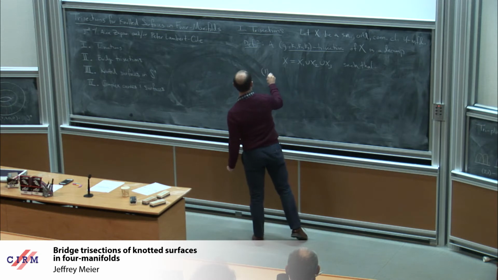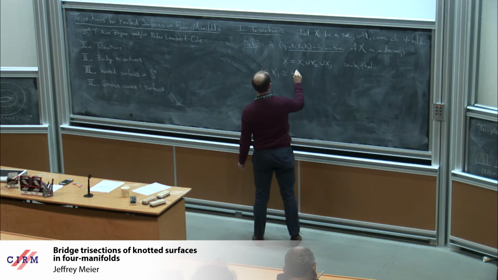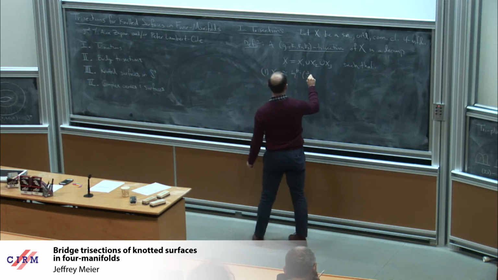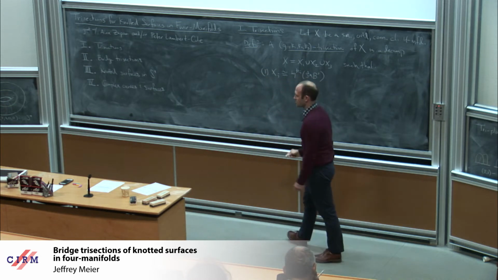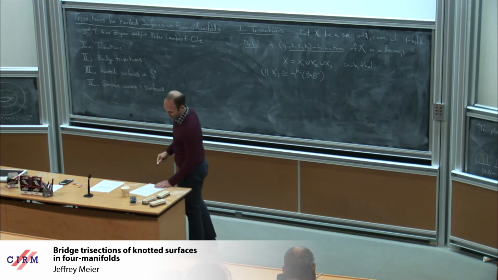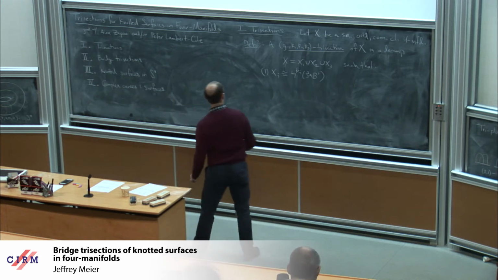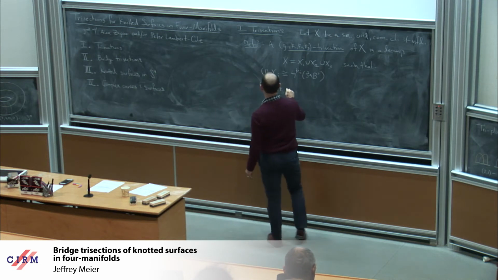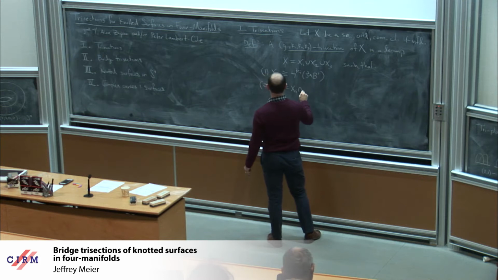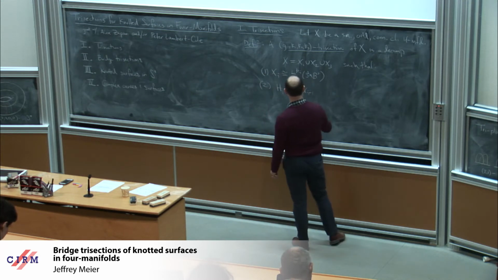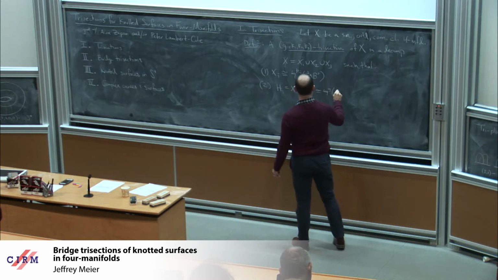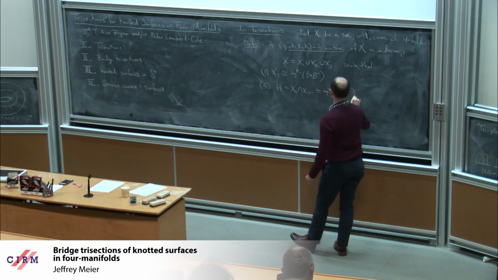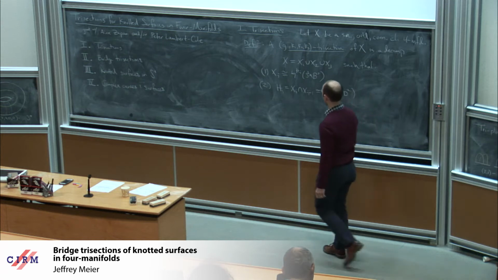So the first property is that each of these pieces is diffeomorphic to a boundary connected sum of k_i copies of S1 cross B3. So it's a four-dimensional one-handlebody. The second condition is that the pairwise intersections, which I'll call H_i, which will be X_i intersect X_{i+1}, is diffeomorphic to a handlebody of one lower dimension, namely just a normal three-dimensional handlebody.